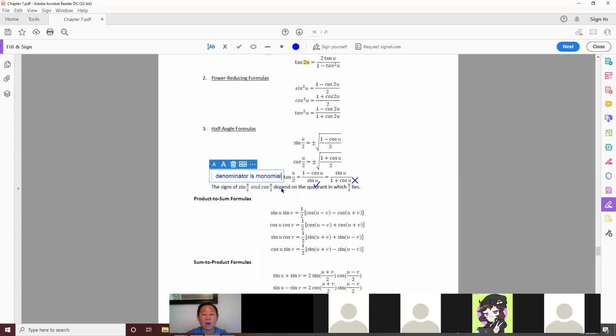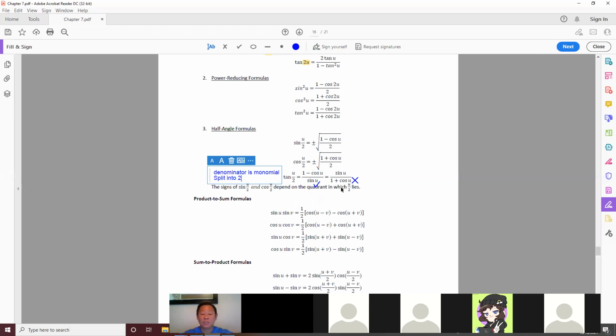What do I mean when I say the denominator is a monomial? It means you only have one term. When your denominator is a monomial, you can split it into 2. That means the sine u will be split into 2, so you get 1 over sine u minus cosine u over sine u.